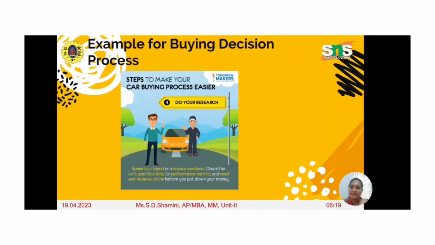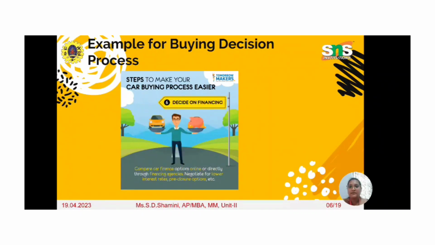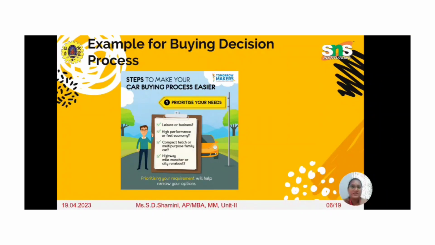And the fourth step is he'll do the research, like he'll speak with peers and collect reviews about the product from the brand, and he'll take a test drive, and after that he'll decide on the financing, and finally he'll negotiate with the company. So these are all the various steps involved in buying a car for a family.